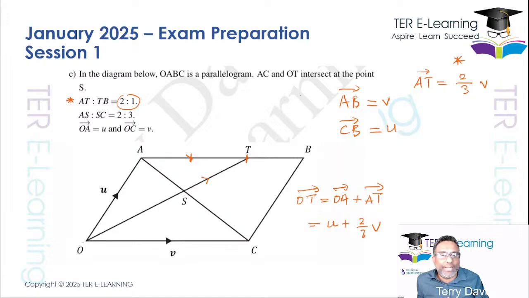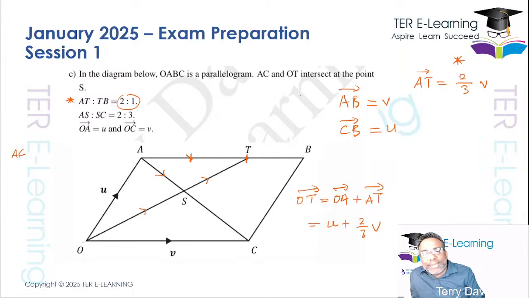Now, where is OS? The vector OS is this vector here. If you want to work out the vector OS, I can figure it out by traveling from O to A and then from A to S. Why would I want to do that? What I can do is work out the vector AC. Let me see if I could write this on the same page here.